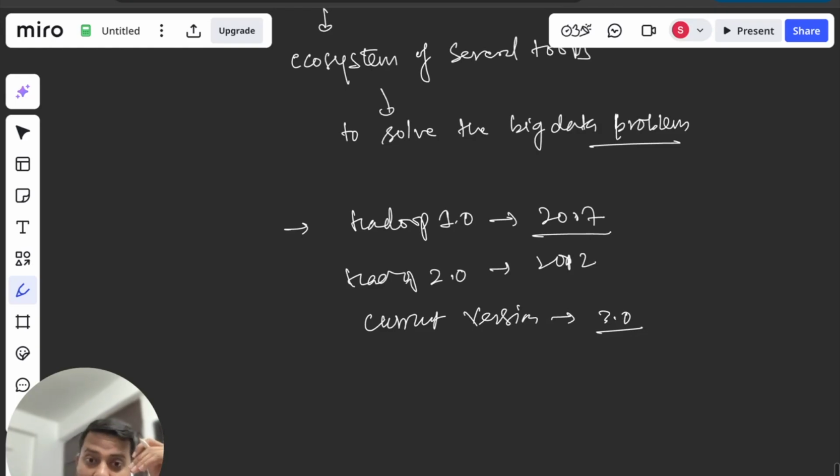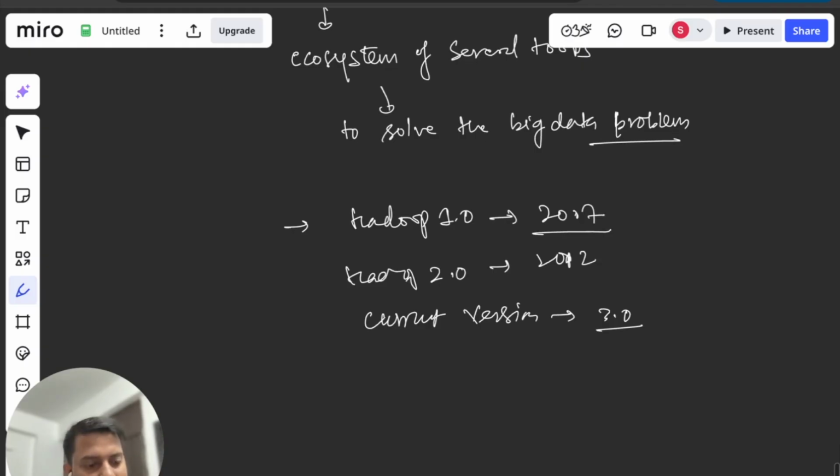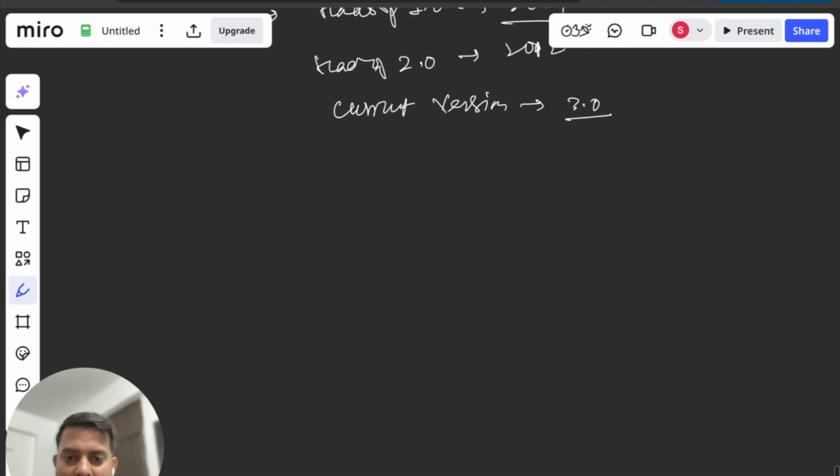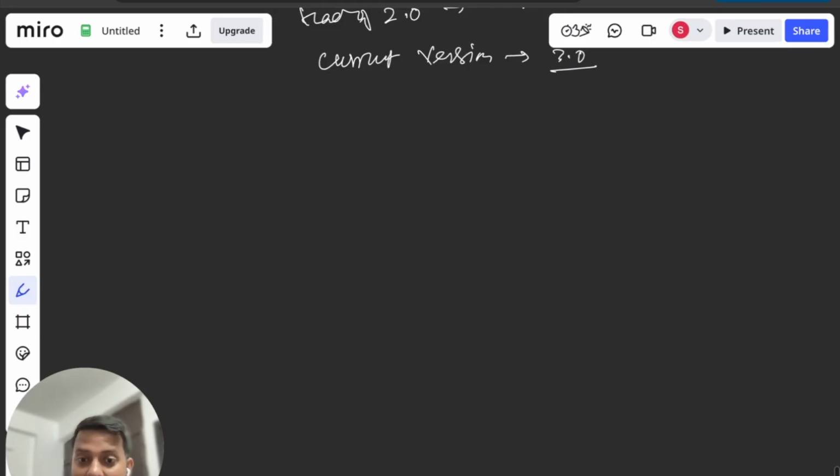A few companies still use Hadoop. But after understanding the core concept of Hadoop, you will know why we have moved to Apache Spark or PySpark.